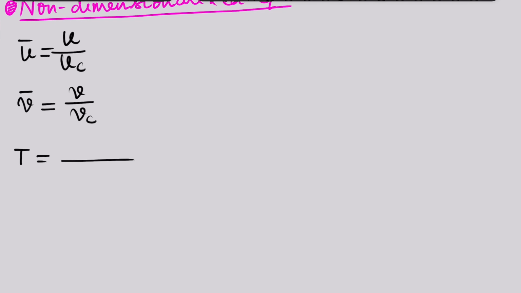For example, if you have a boundary condition at x equal to 0, your T has some value, your T has some Ti.